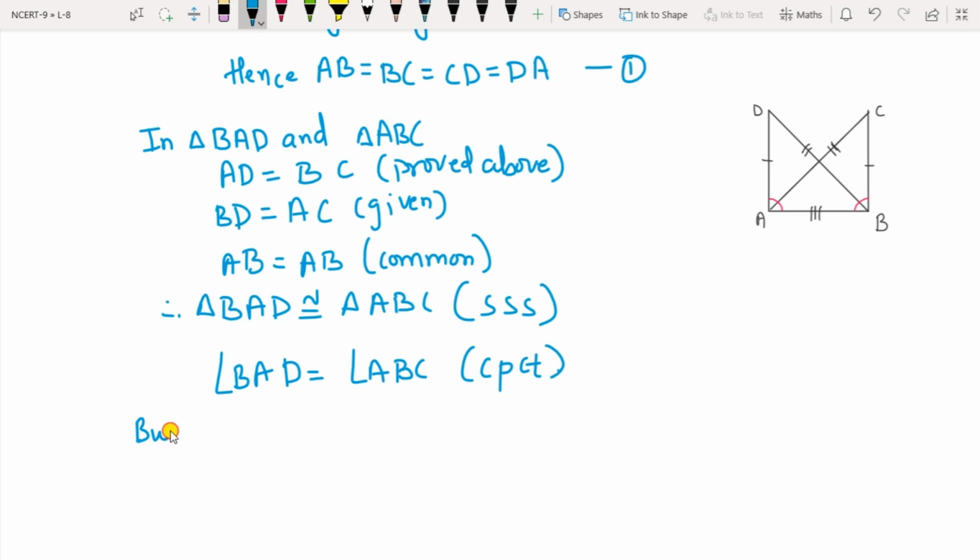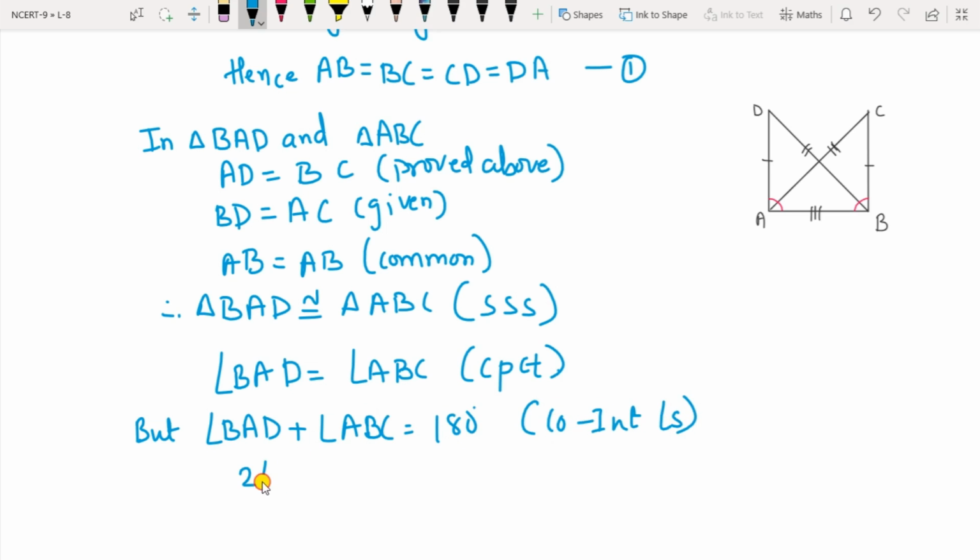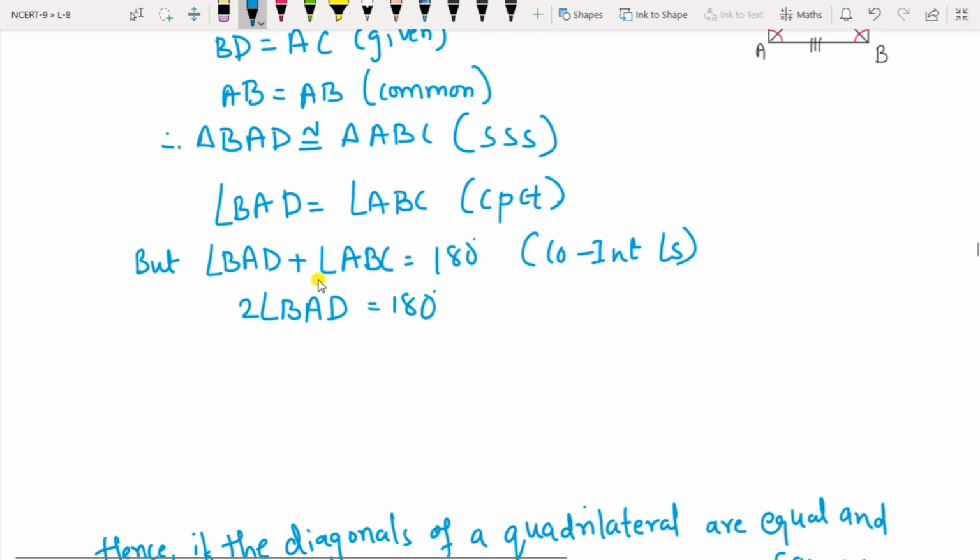Now angle BAD plus angle ABC is equal to 180, the reason is co-interior angles. Therefore 2 times angle BAD equals 180, substituting BAD in place of ABC.